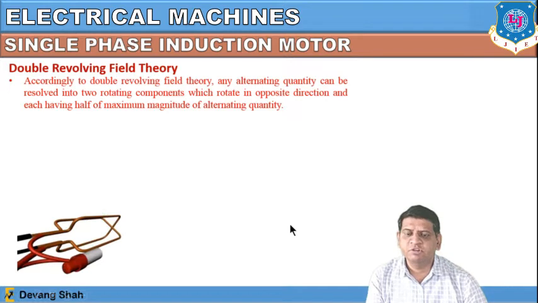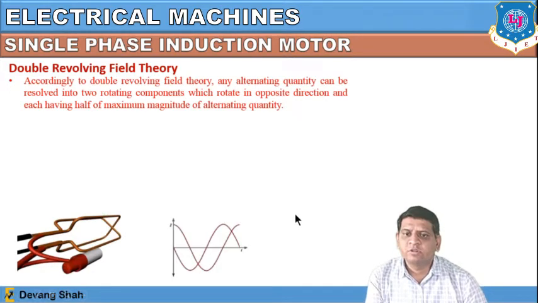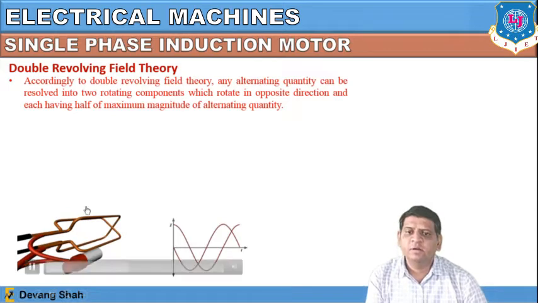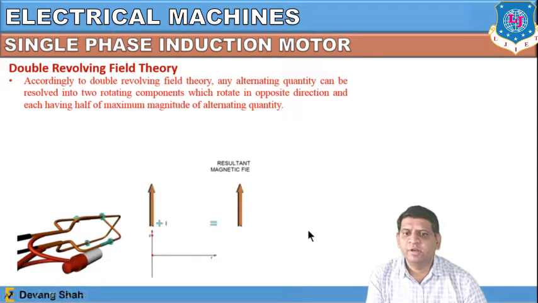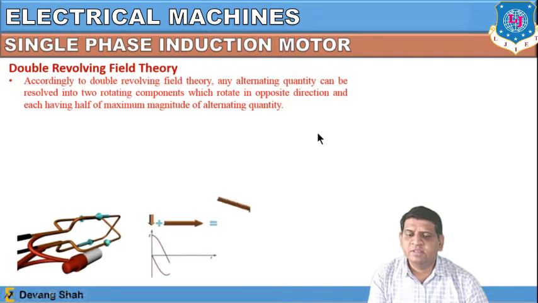Primary flux is generated, and because of the auxiliary winding, another flux is generated. So here you can see the resultant value of flux will be in a positive direction or in a negative direction. So you will get production of magnetic flux in only one direction, so the torque can be generated in only one direction, and this is the initial torque.